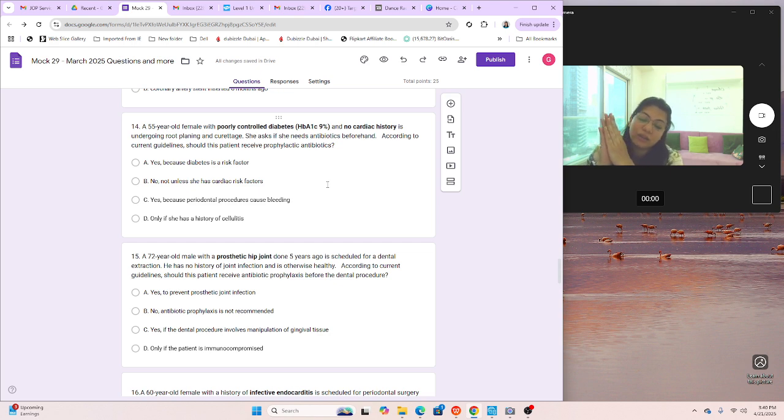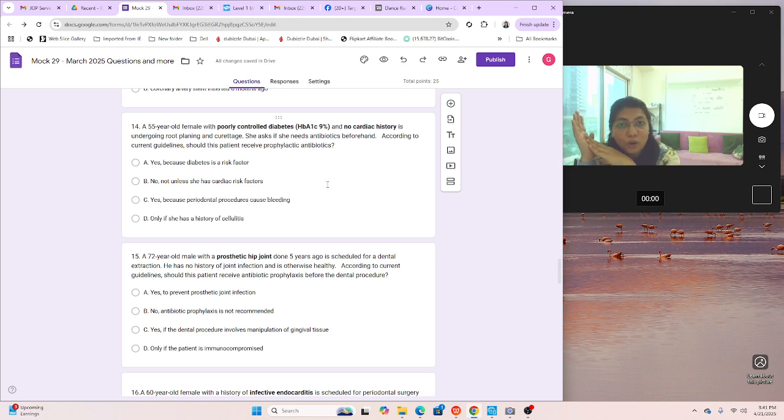When you give general antibiotic prophylaxis, it's to prevent infection of the heart, or the patient has to be immunocompromised so that it will affect the heart. You are doing scaling and root planing, which will involve bleeding, but the heart is not mentioned to be affected by anything. Would you give surgical antibiotics to prevent infection of the scaling site? Yes. Would you give general prophylactic antibiotics to prevent damage to the heart? There is no mention of the heart. She just has diabetes, nothing related to the heart.